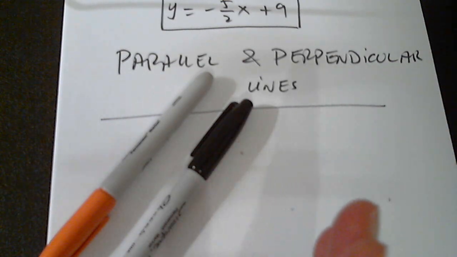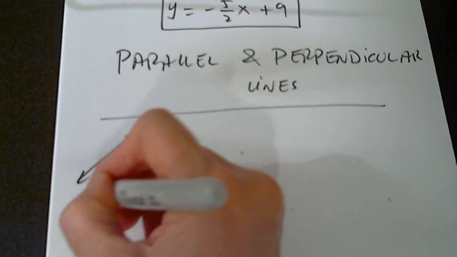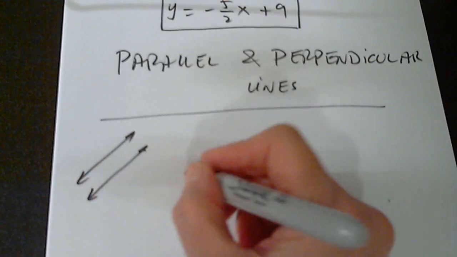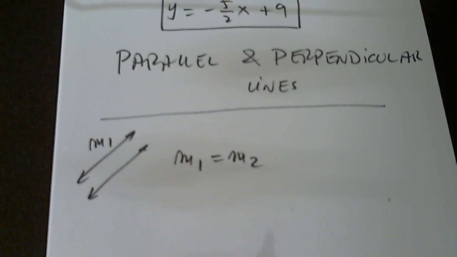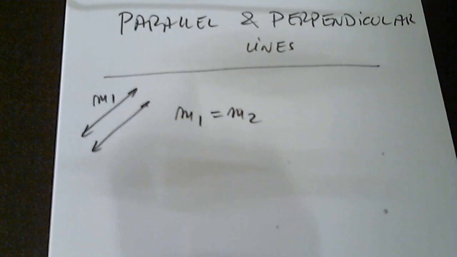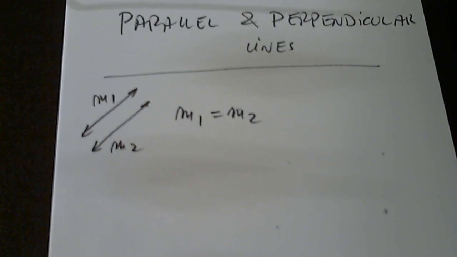They never meet. So this line is parallel to this line if m1 equals m2. The slope of the first line is m1, the slope of the second one is m2. If they are equal, the lines are parallel. If the lines are parallel, they have to have the same slope. If they have the same slope, they are parallel.